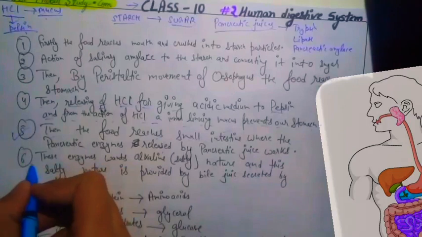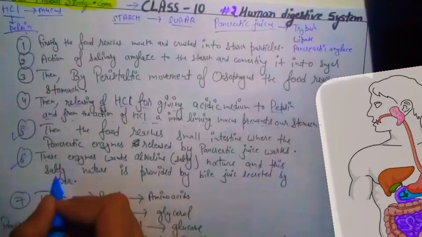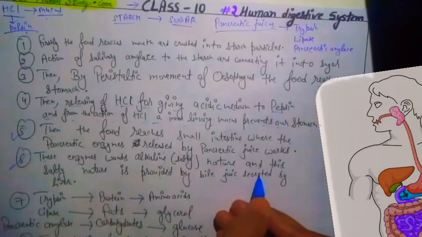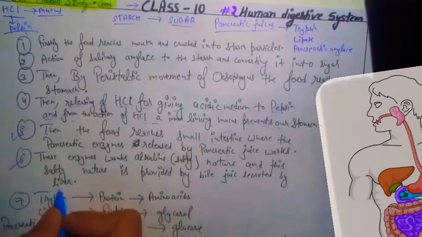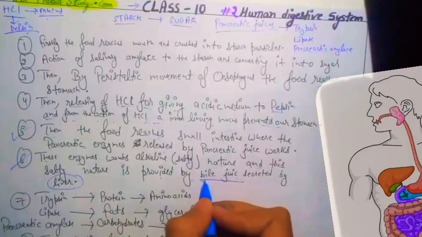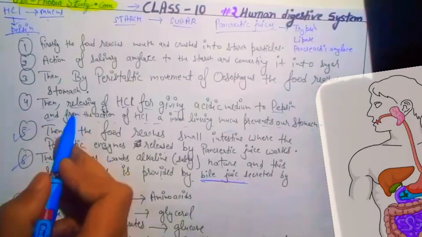These enzymes want alkaline nature, and this is provided by bile juice. This bile juice is secreted by the liver. Okay, students, this bile juice is secreted by the liver. This point is very important, students.